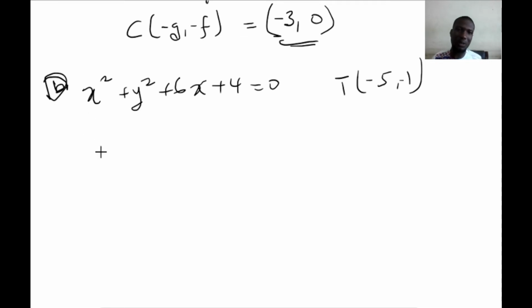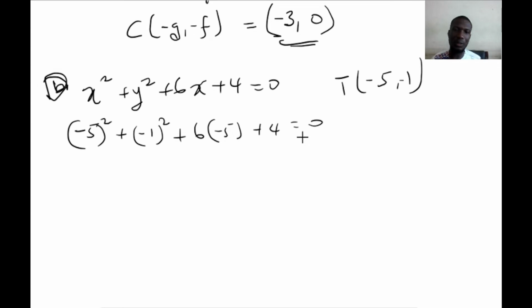So that one, we are going to have negative 5 squared plus negative 1 squared plus 6 times negative 5 plus 4 equals 0.